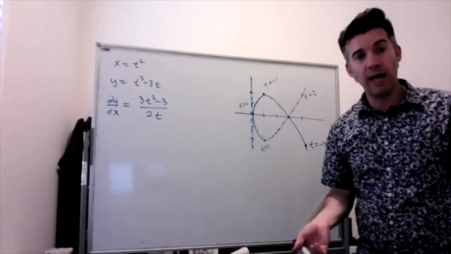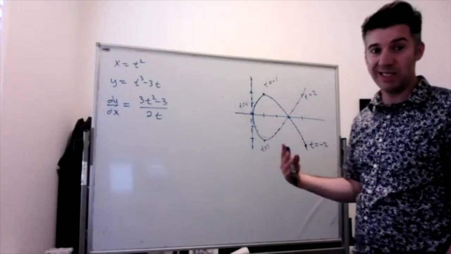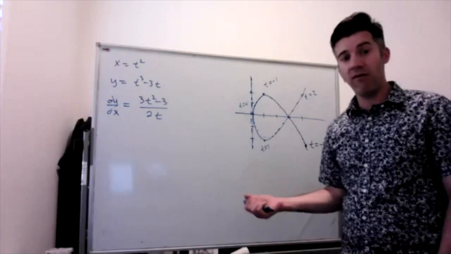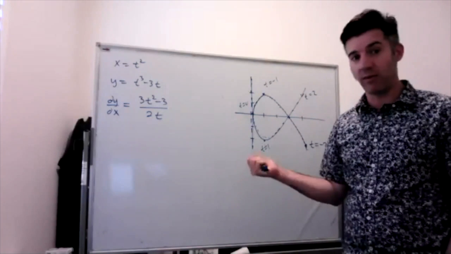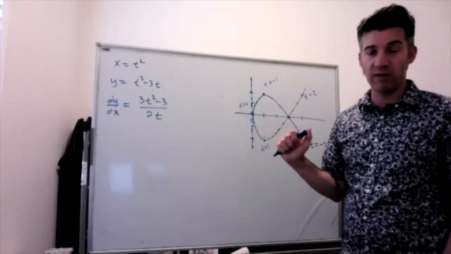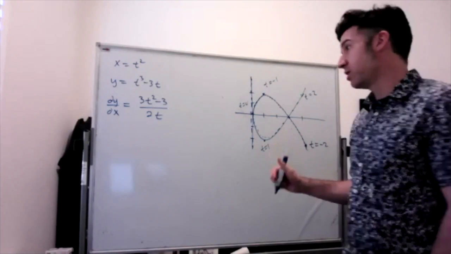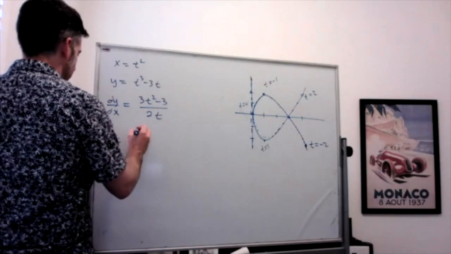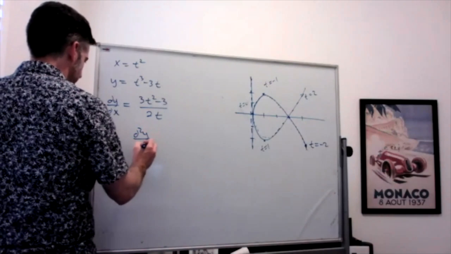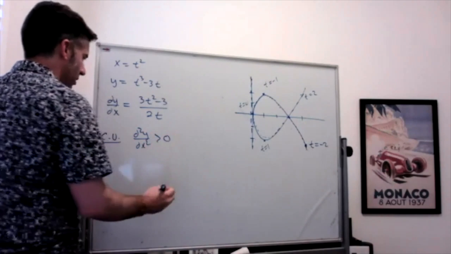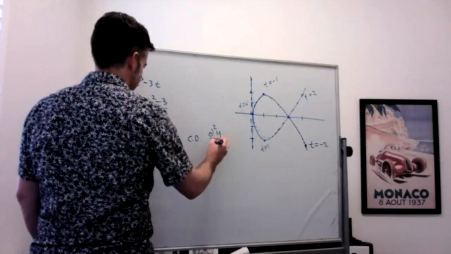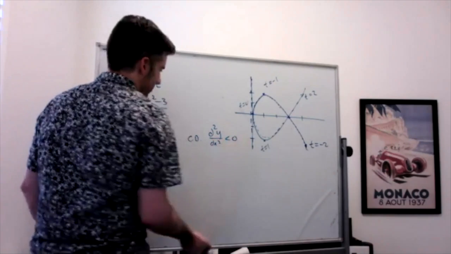So I would expect it to be concave down when t is negative, and concave up when t is positive. And the way we tell if a curve is concave up or concave down is if the second derivative is positive or negative. So it's going to be concave up if the second derivative is greater than 0, and concave down if the second derivative is less than 0.